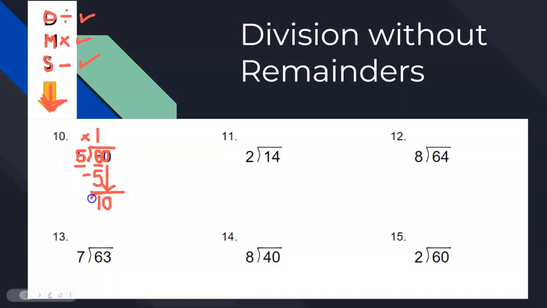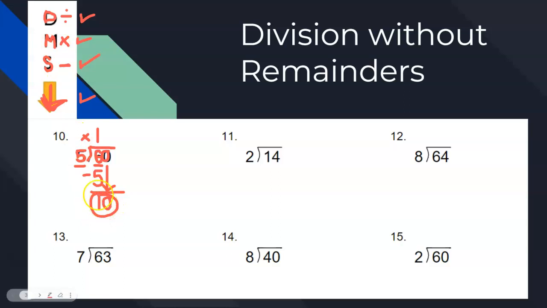Once you get to this part, look at our steps. Did we divide, multiply, subtract, and bring down? Yes. Are we finished? No. We must start the same process over again, but this time we're starting with the number 10 when we divide.